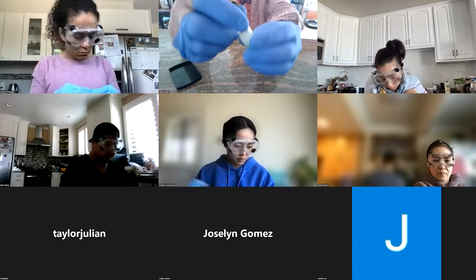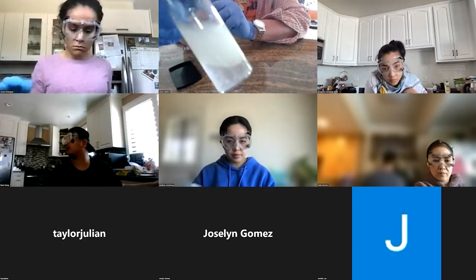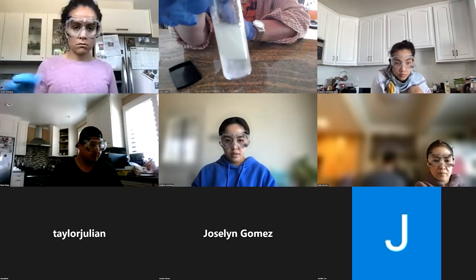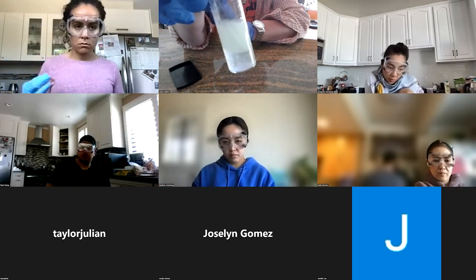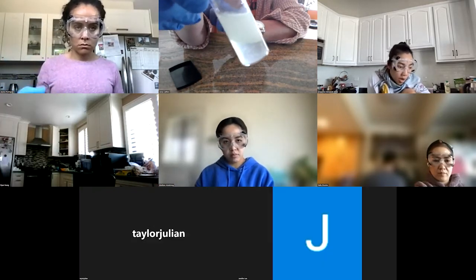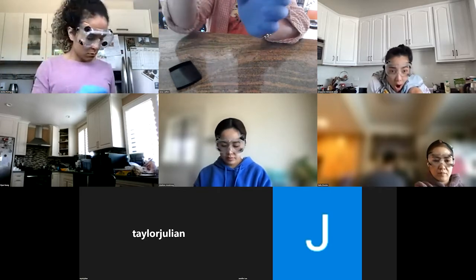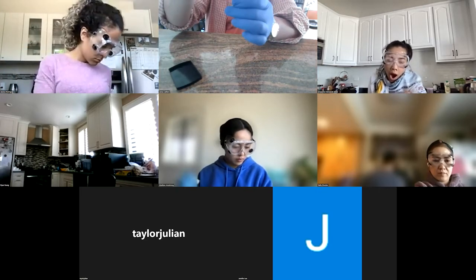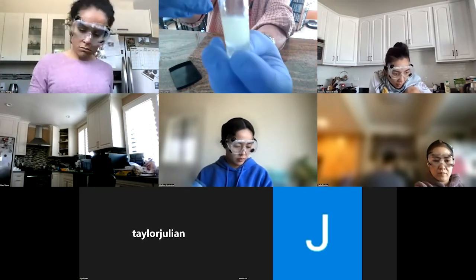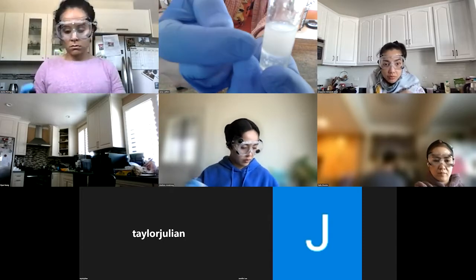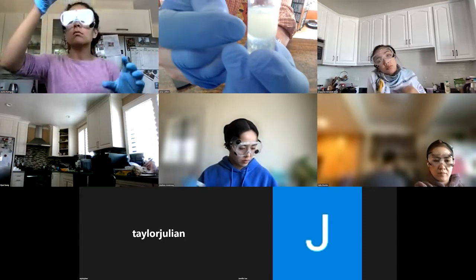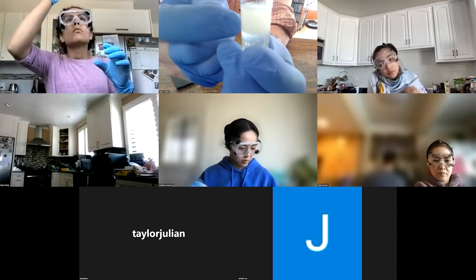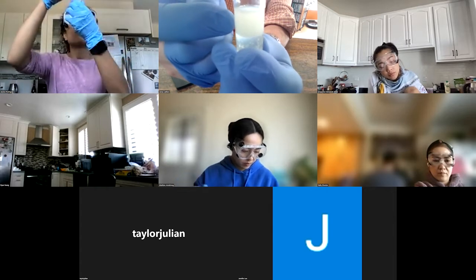So back to our mixture, you see this thing is starting to separate already, although it's not nearly as separated as when we first put it in there. So what we need to do is shake that up again. But you can already see that in between the two layers, the soap is starting to form.